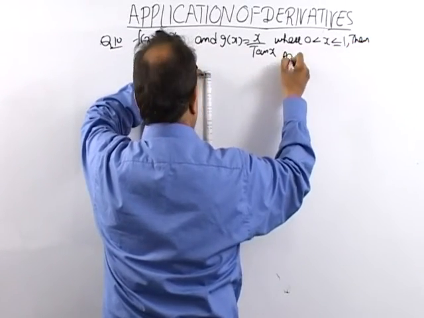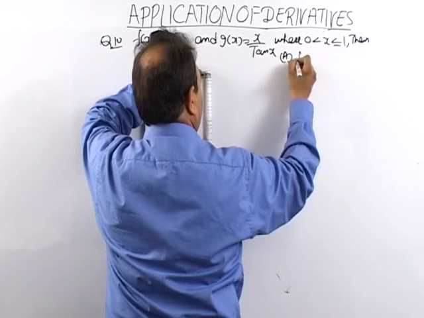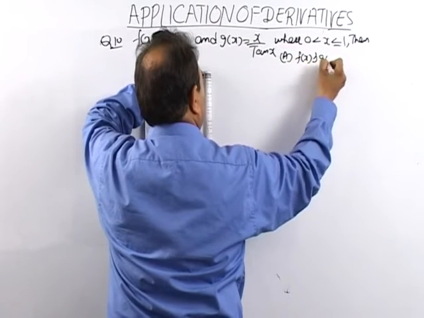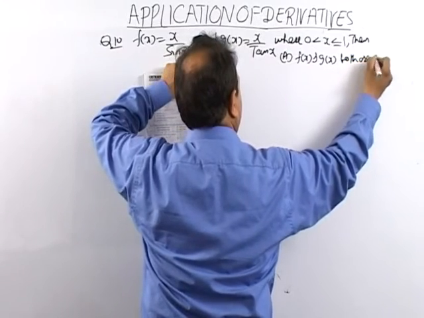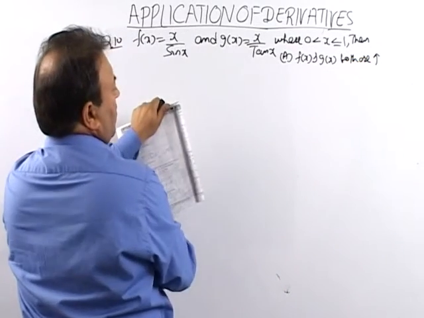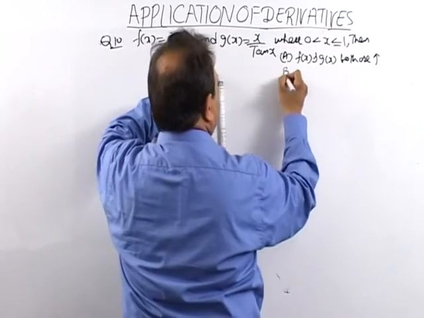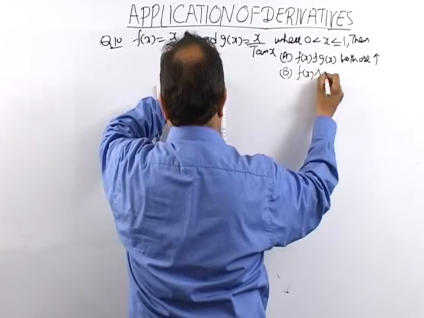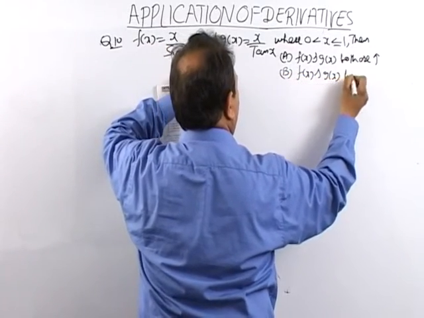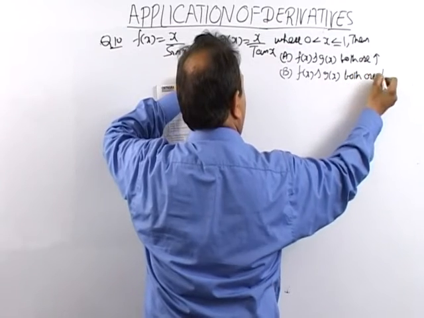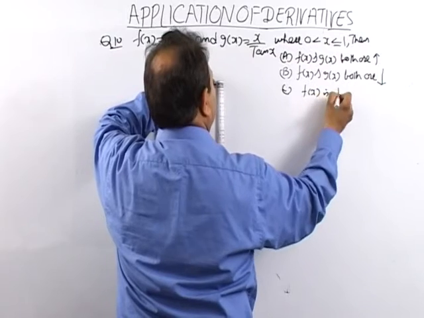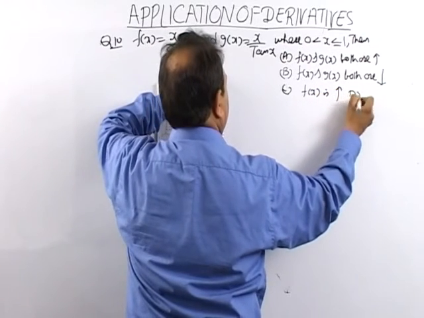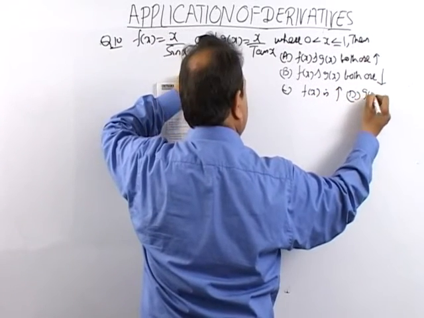Then A option is fx and gx both are increasing. B option is fx and gx both are decreasing. C, fx is increasing. D part, gx is increasing.